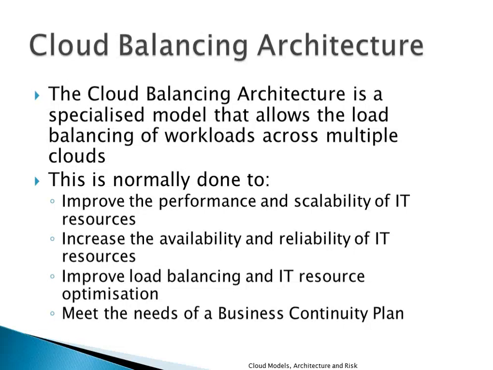So you might balance this across the AWS and Azure clouds, or AWS, Azure and Google, or Oracle, or IBM, or some combination therein. Again, a fairly specialised model, and it's done for one of these particular reasons: performance and scalability, availability, reliability, load balancing and optimization, or BCP, business continuity plans. So it's something to think about.